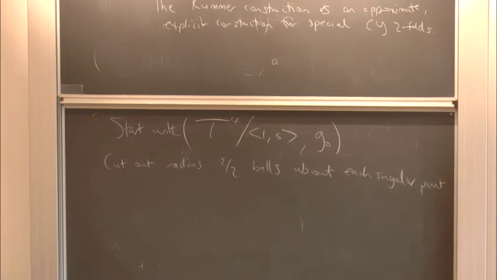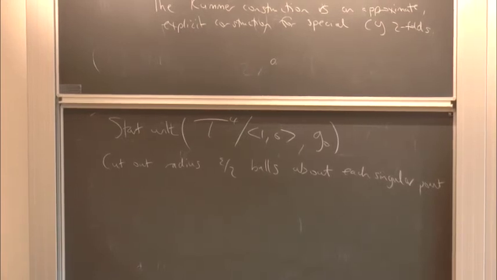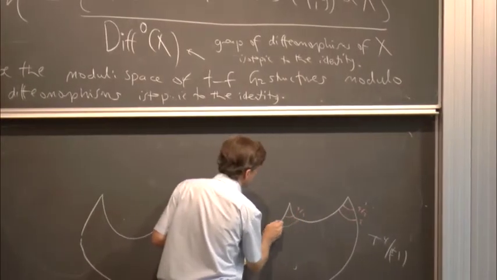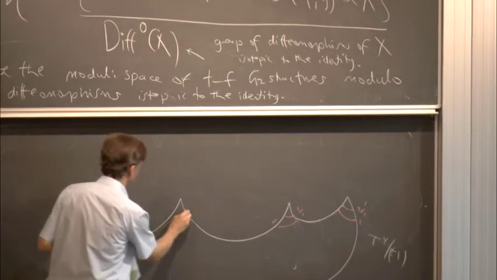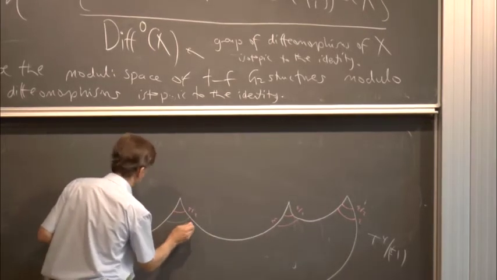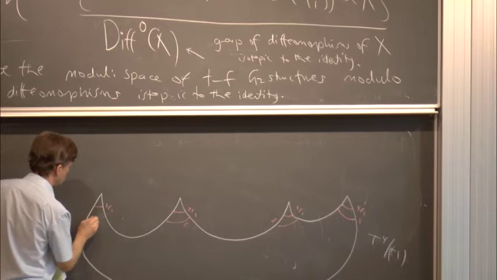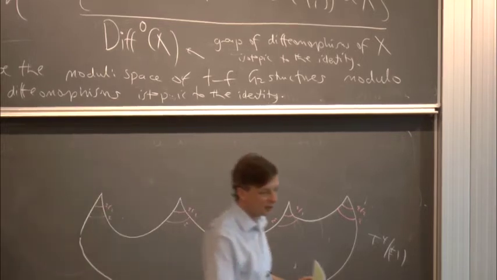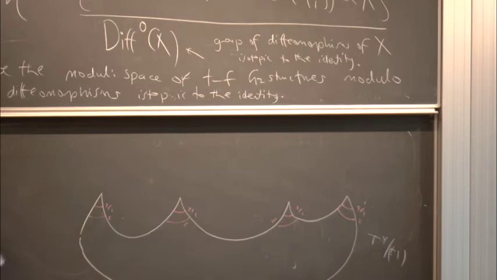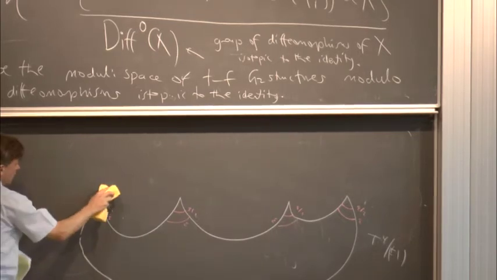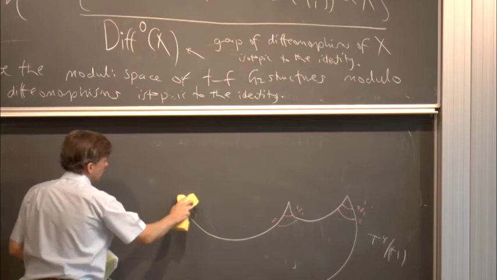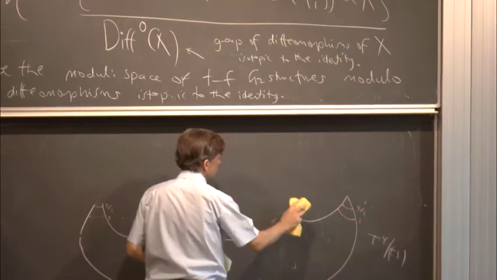Here is my T4 over plus or minus 1. So I'm going to draw an annulus of radius epsilon on 2 and epsilon around each singular point. And then I'm going to erase the inner part of this. So I cut out the epsilon on 2 balls.